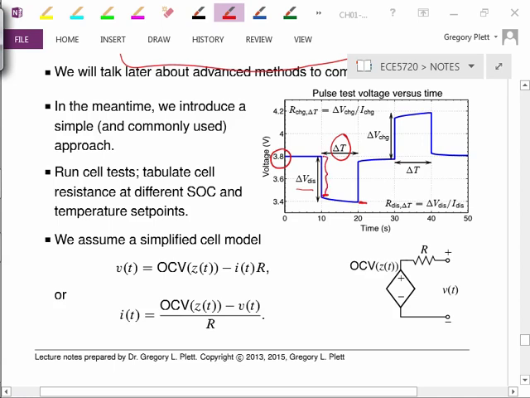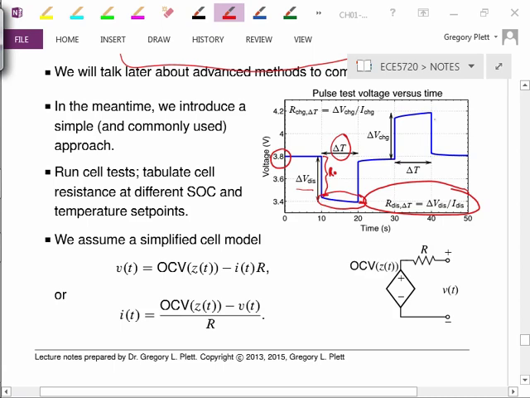We know from our equivalent circuit models that would be like the R0, but it also includes some change in voltage due to the SOC changing and the open circuit voltage changing, and also due to concentration gradients building up and stuff like that. We then compute the discharge resistance for a delta t second discharge as this delta V dis over I dis.